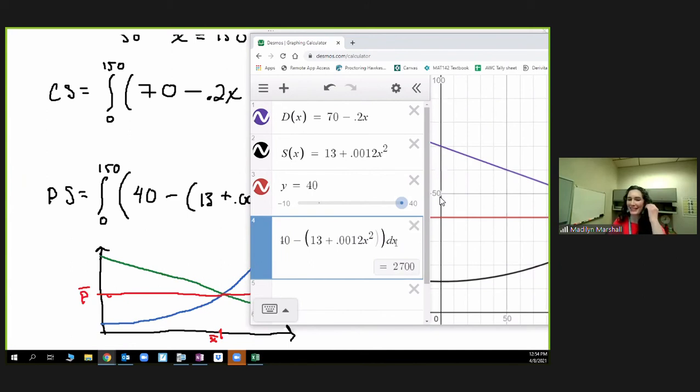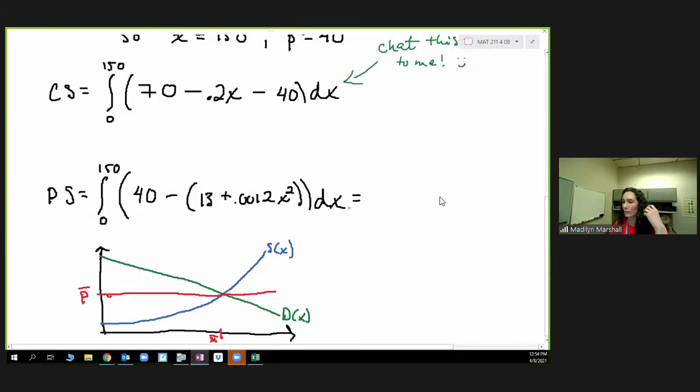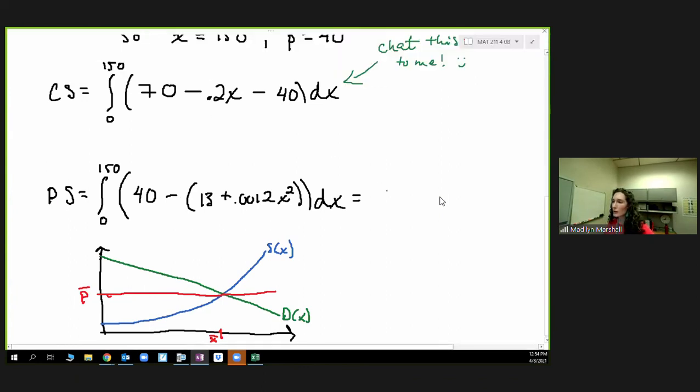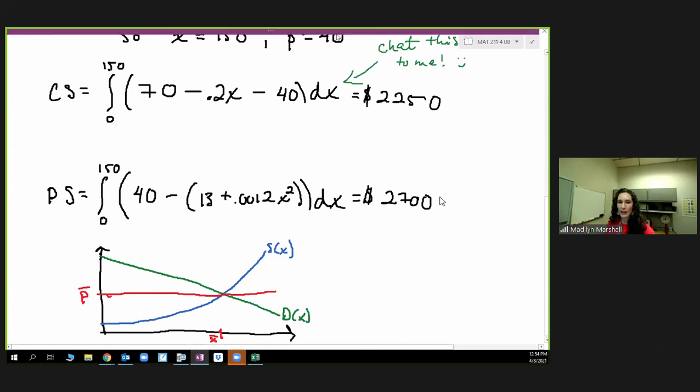Okay. So I got 2,700 for producer surplus. And enough people have chatted 2,250 that I believe that. I haven't done that calculation, but.